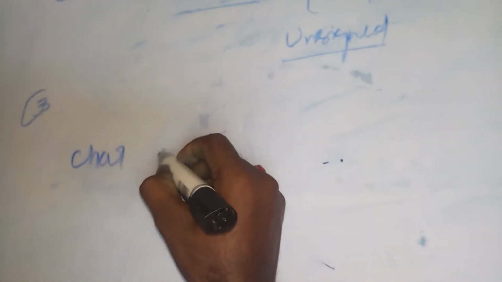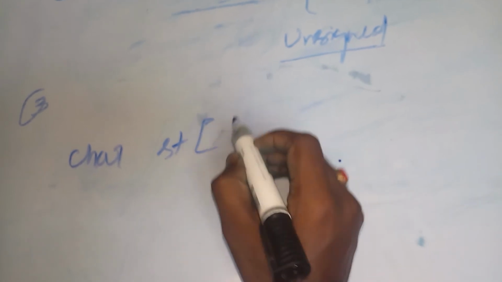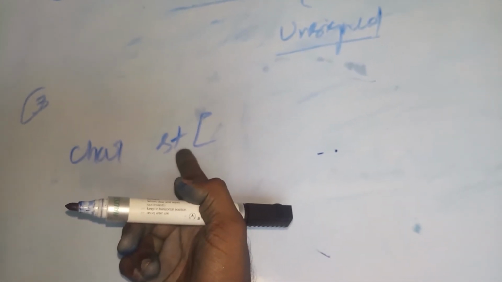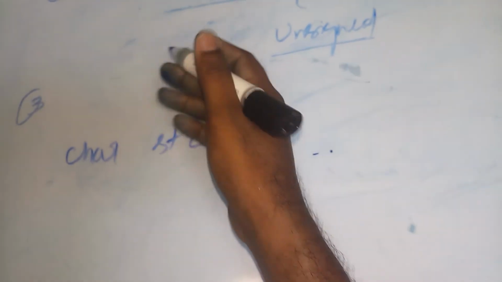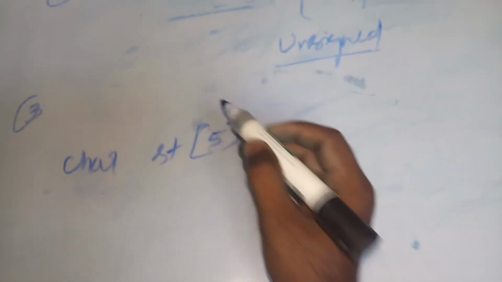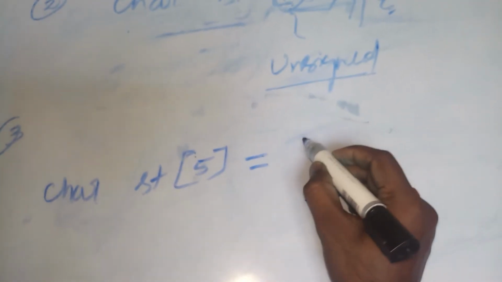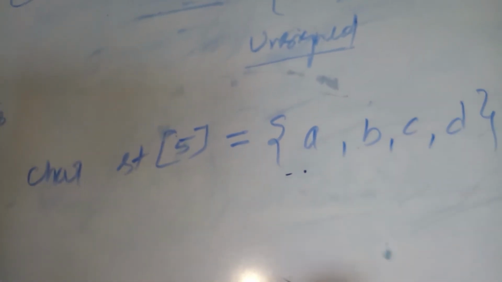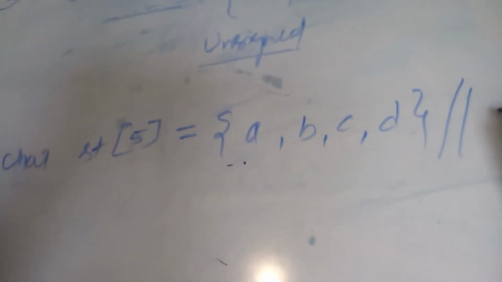Next, property number 3: char st. It is my requirement, I have given my string name st. No problem, it is user defined. st of size 5 is equal to A, B, C, D, given like this. It returns an error.